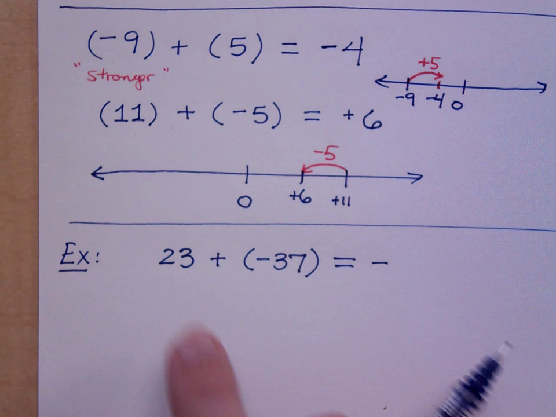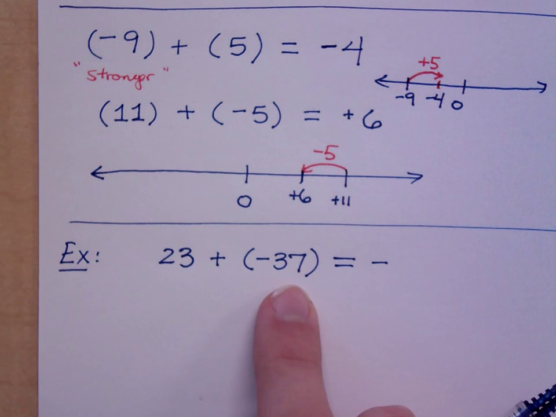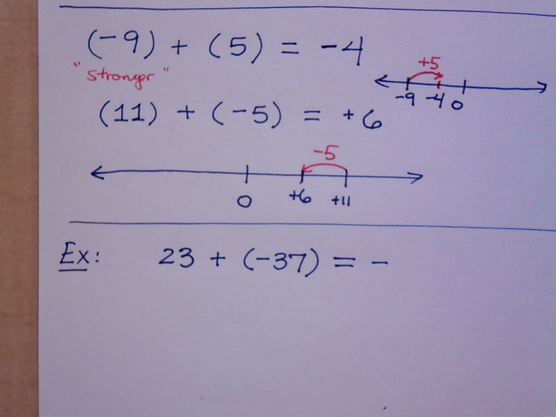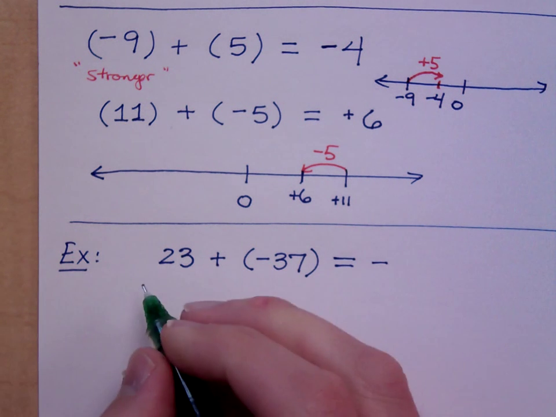Now, you just have to figure out how much negative do I have left? Because I've got a positive here and a negative. I've got to find what's the difference between those. So that's a subtraction problem for you. How far apart would 37 and 23 be? 14. Now, here's something I need you guys to understand. When you are doing subtraction, it's always the larger number in terms of the absolute value.